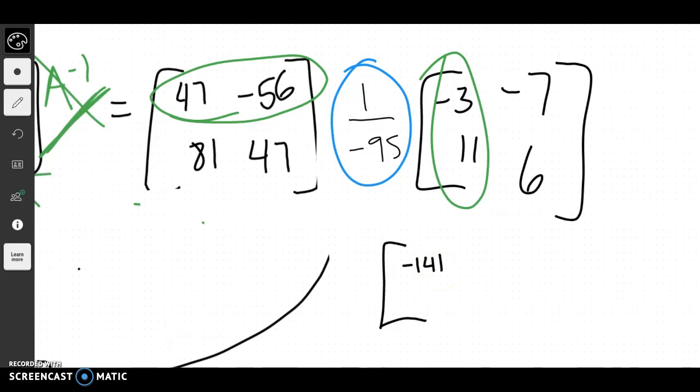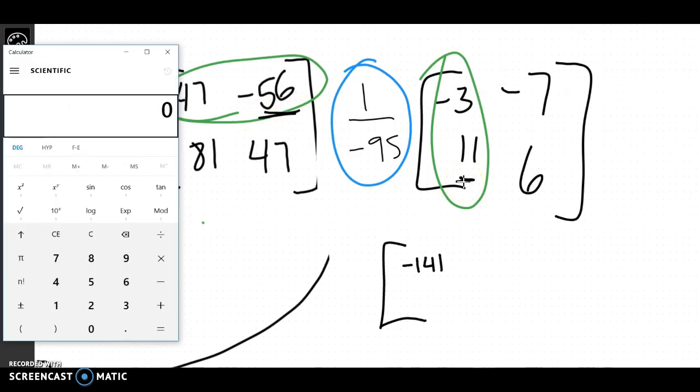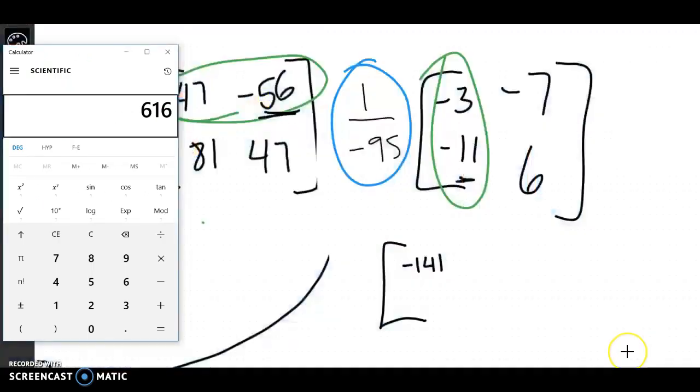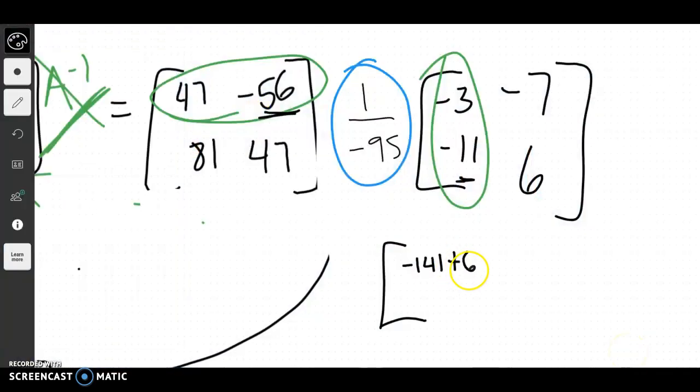And then we would go negative 56 times 11. Oh, that was a negative 11. So that was 56 times negative 11, which would give us positive 616.